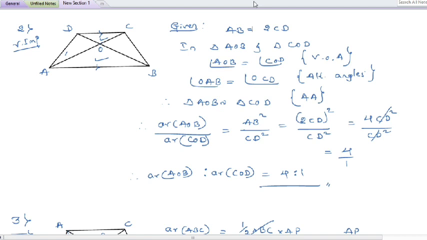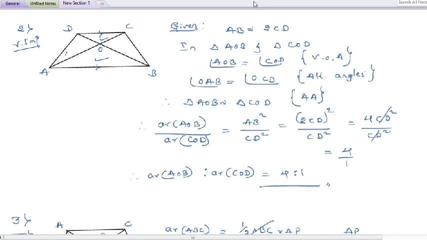See the question here. ABCD is a trapezium. Here AB is parallel to CD. Then diagonals intersect at O. What is given condition? AB is equal to 2 times of CD. AB is twice the CD. Find the ratio of the areas of triangles AOB and DOC. I have marked here, AOB and DOC.